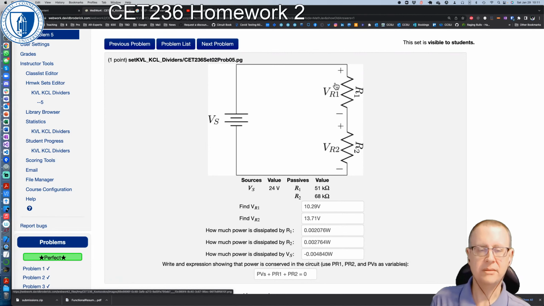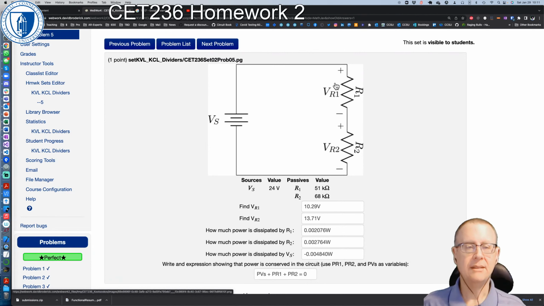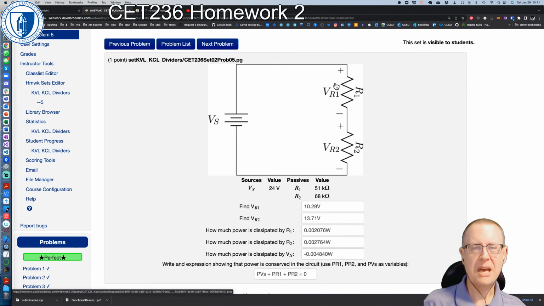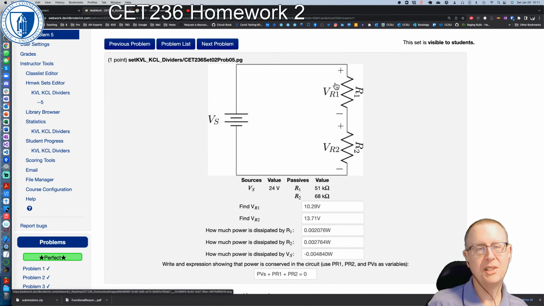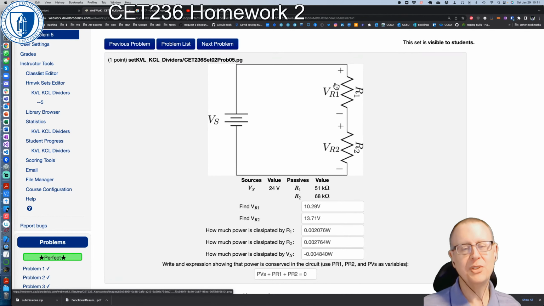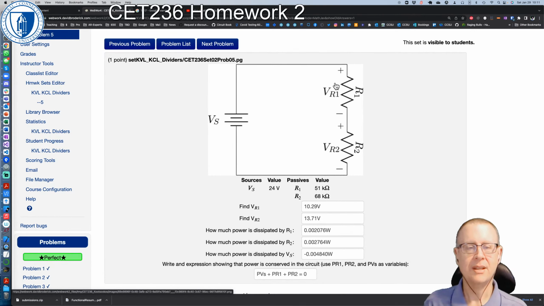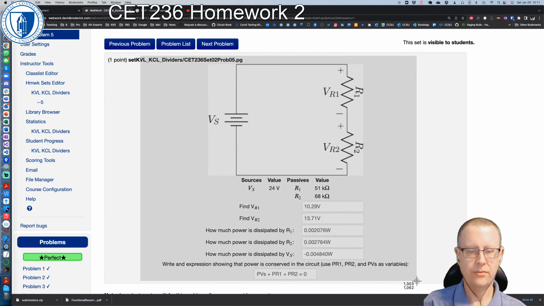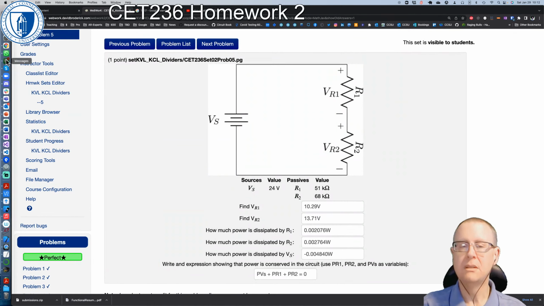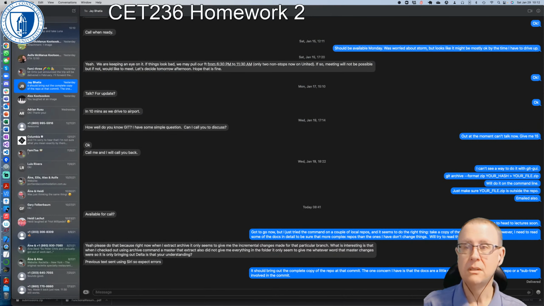Problem 5. All right, this one is about power and about voltage dividers. Right, so let's take a picture. Let's just see what's happening there.